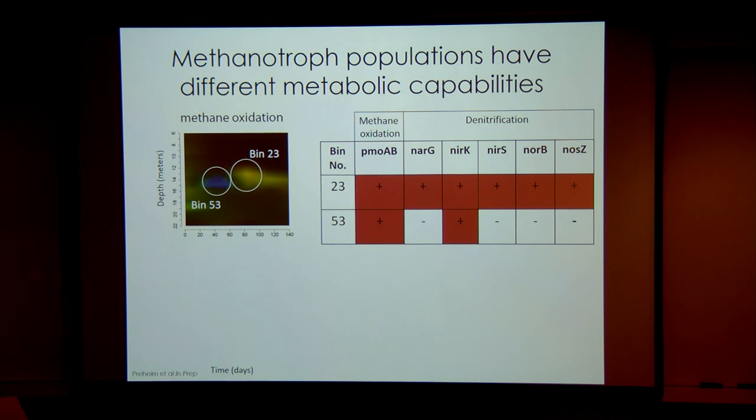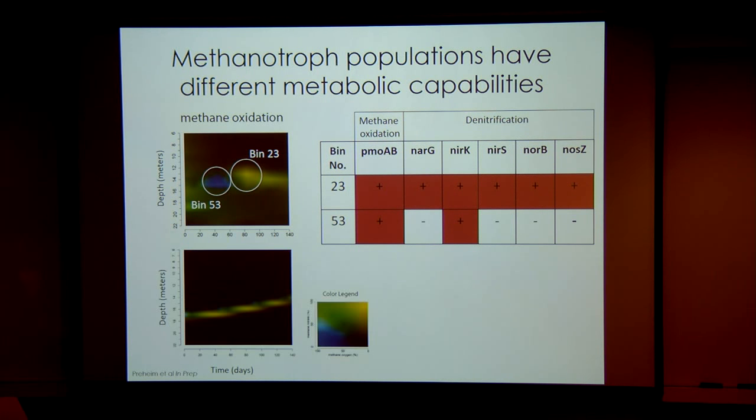And this has been seen previously and seen to be very important in some lake systems. Anaerobic methane oxidation with denitrification has been shown to be very important. So we think maybe this could be happening in this lake.